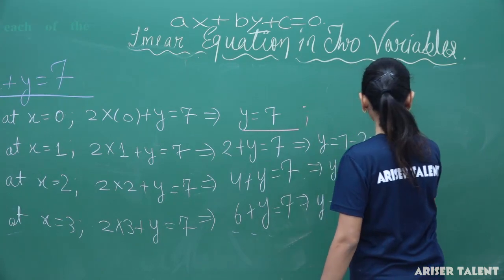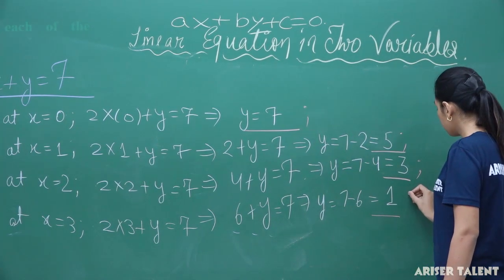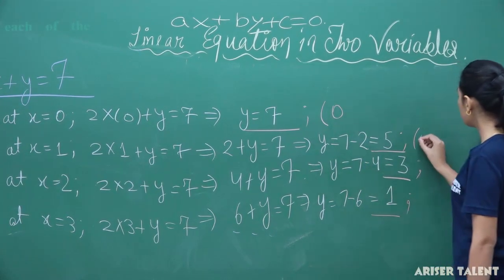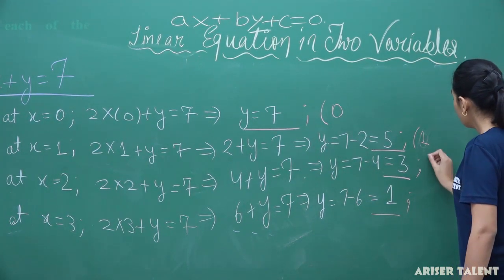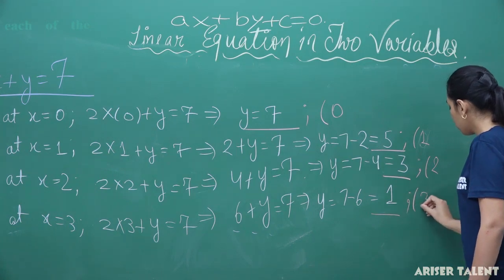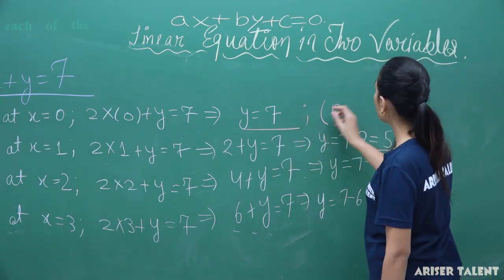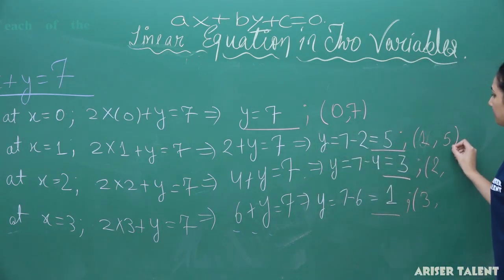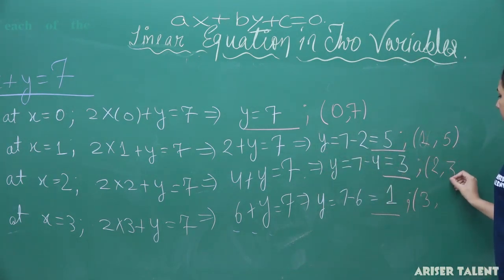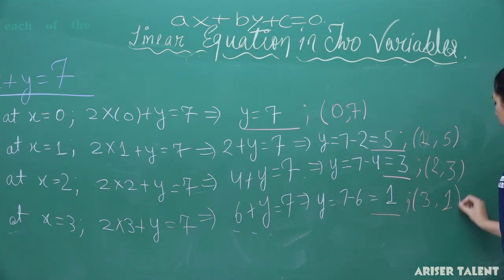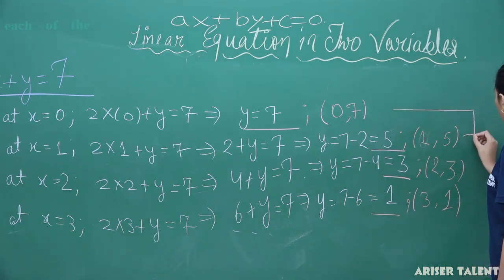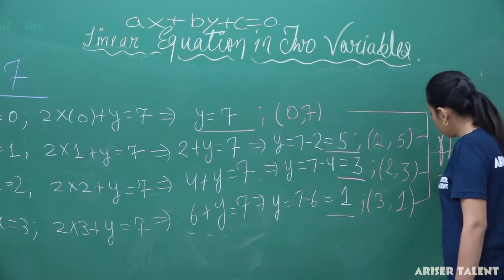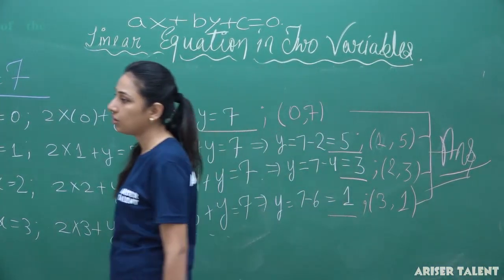That means how will we write these sets? The values of x are 0, 1, 2, 3. The value of y will become 7 here, 5 here, 3 here and 1 here. So, these are all answers. These will be the 4 solutions for this given equation. Note this.